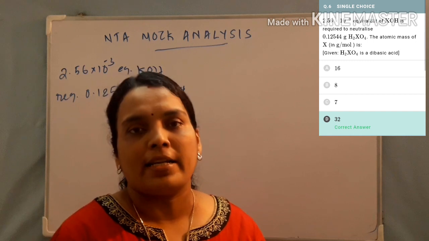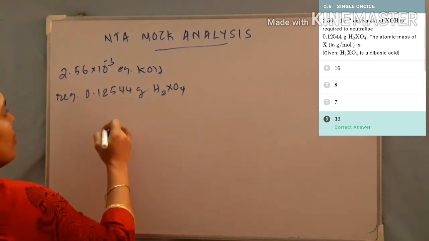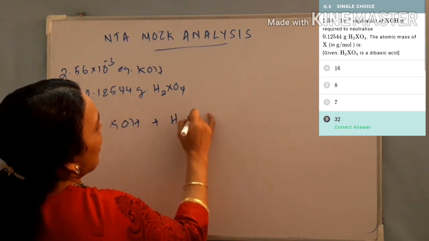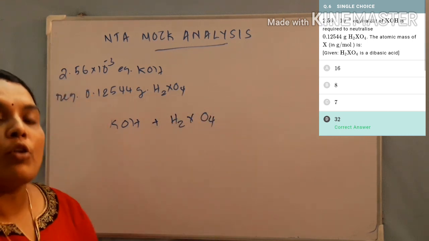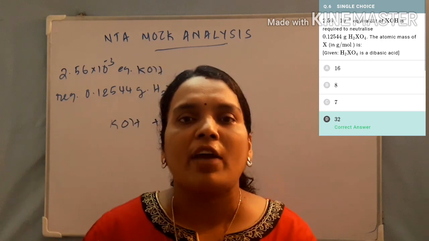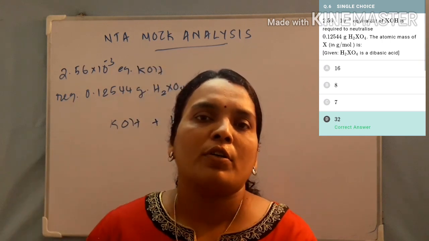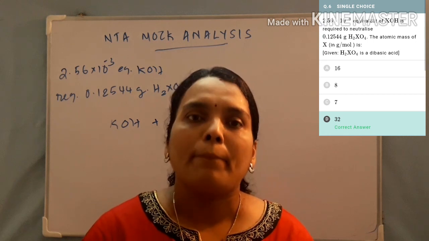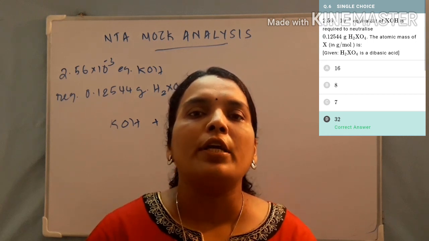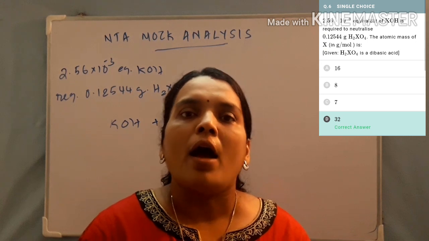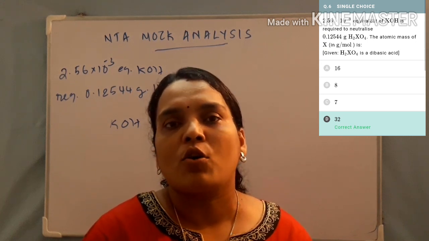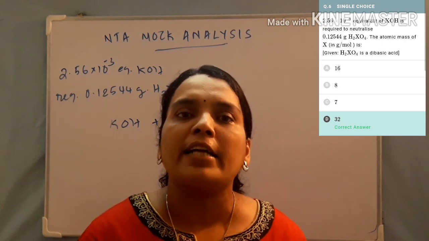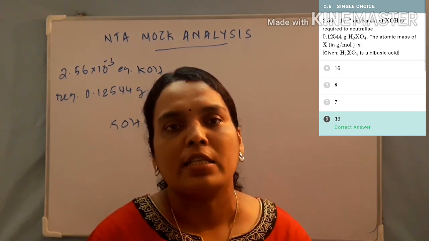So let us see the balanced equation. KOH is reacting with H2XO4. According to the balanced equation, 1 mole of H2XO4 requires 2 moles of KOH. But it is according to the equivalent mass concept. So according to the equivalent mass concept, 1 gram equivalent of any substance is reacting with 1 gram equivalent of the other substance.